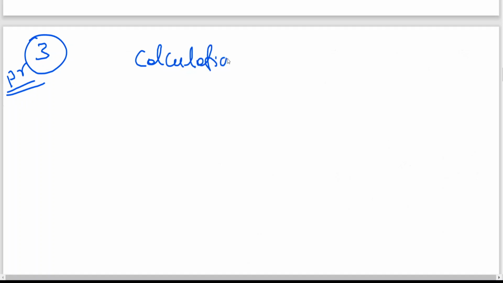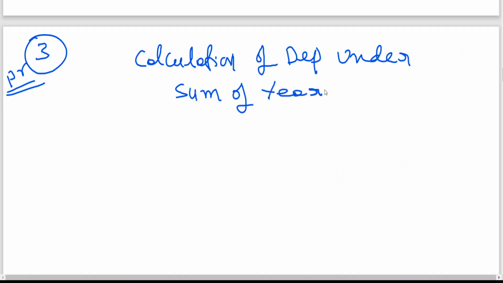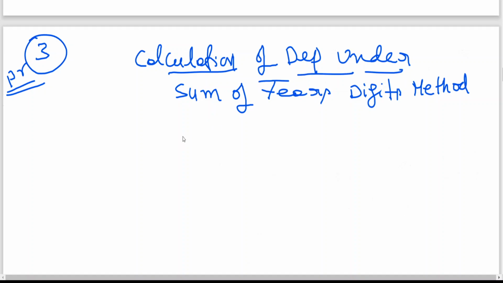Problem number 3. Calculation of depreciation under sum of years digits method.